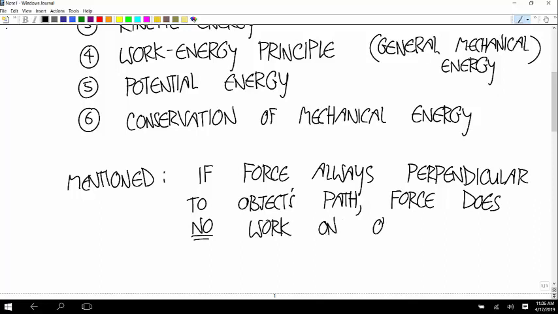Well, it sort of makes sense intuitively if you think about that increasing an object's energy is speeding it up, decreasing its energy is slowing it down. If a train's moving along a track and you at one instant apply a force perpendicular, you're not speeding it up or slowing it down.